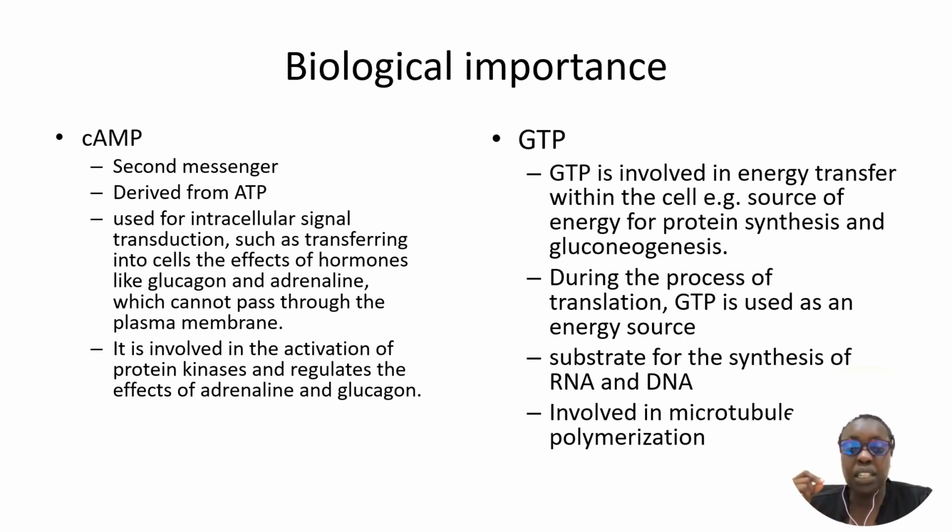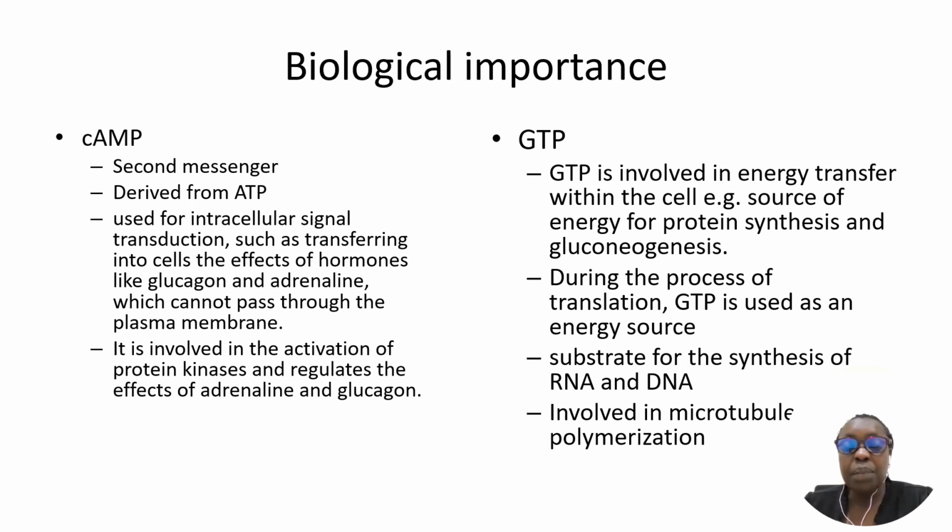One of those methods is conversion of ATP to cyclic AMP by the enzyme cAMP cyclase. So the cAMP will now activate changes in the cell that will cause an effect on the enzymes. For example, hormones like adrenaline and glucagon bind to their receptors on the cell membrane, and they activate the production of cyclic AMP.